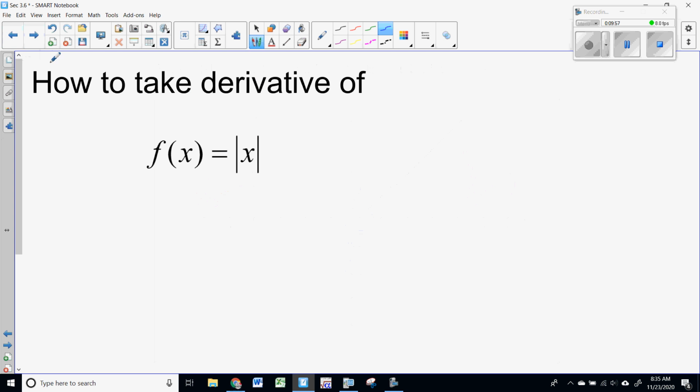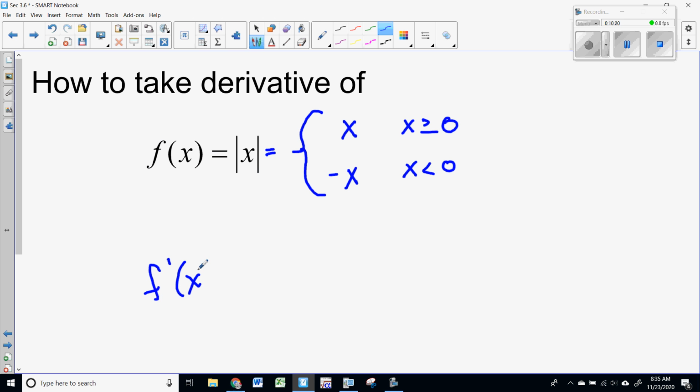Well, if you remember way back at the beginning when we talked about absolute value, and we talked about piecewise functions, we would write this as a piecewise function as x when x is greater than or equal to 0, and negative x when x is less than 0. So if we write it as a piecewise function, we can now take the derivative as a piecewise function.